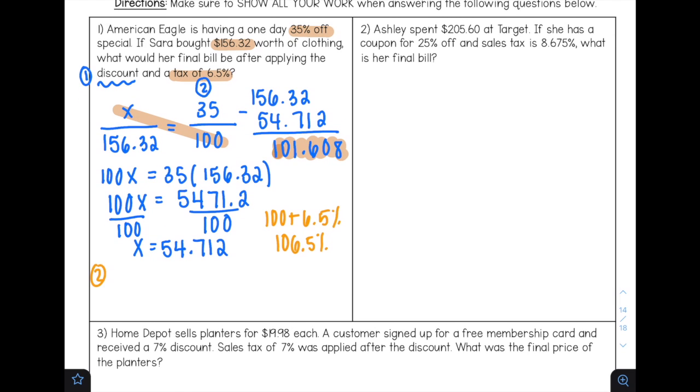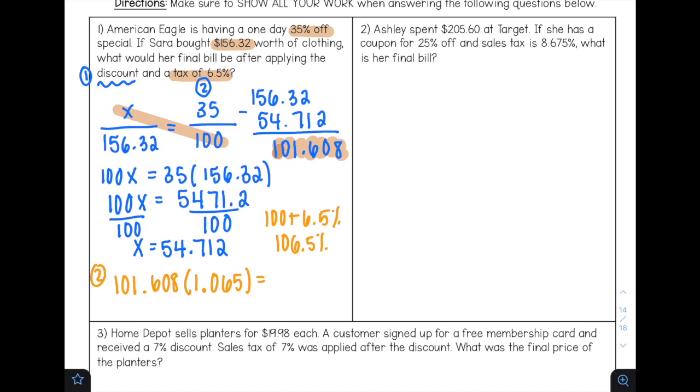So here's step 2, 101.608. Again, I'm going to round at the end. Here I'm going to convert my percent to a decimal. So I have 1.065. And when I calculate this, this is going to give me my final answer. This is going to be my answer if I took 6.5% of this number and then added it back in.